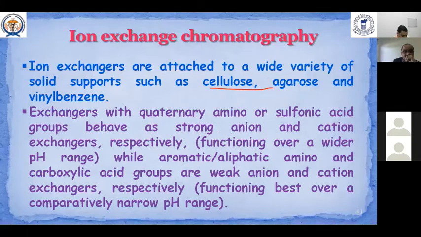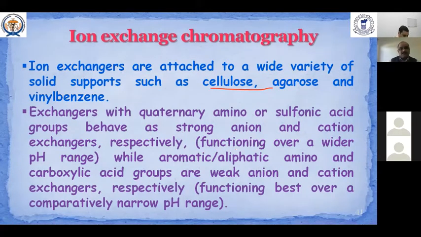Depending upon the pH range, the exchanger which functions best within a large pH range is said to be a strong ion exchanger, whereas the ion exchanger which functions best in a small pH range is called a weak exchanger.